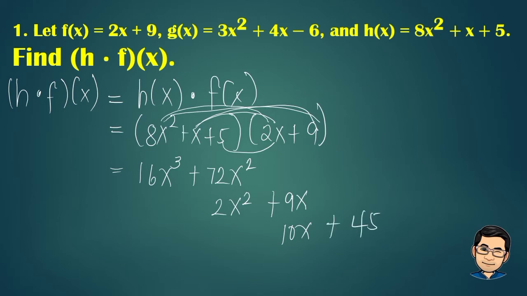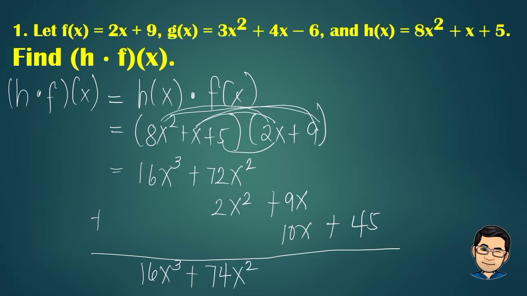And then, we add. Okay, so 16x cubed, bring down. 72x squared plus 2x squared, that is 74x squared. 9x plus 10x, that is 19x. And then, plus 45. So, this is our final answer.